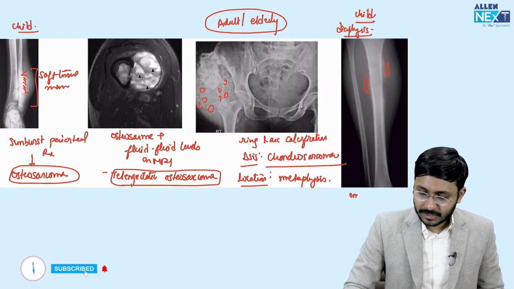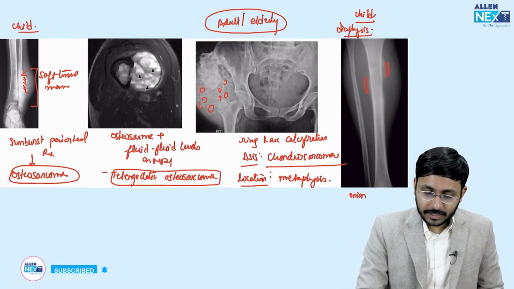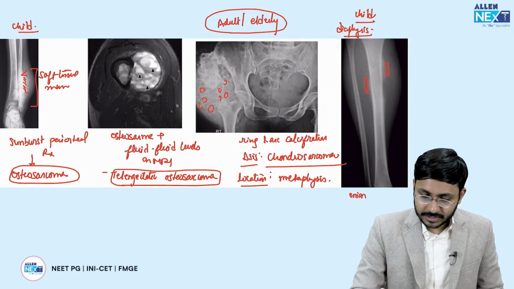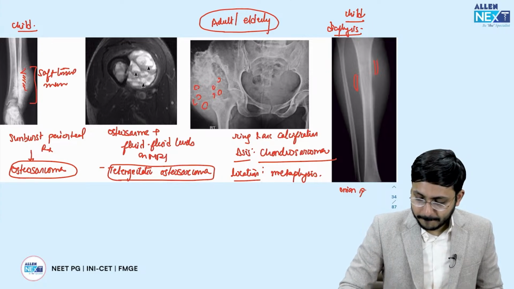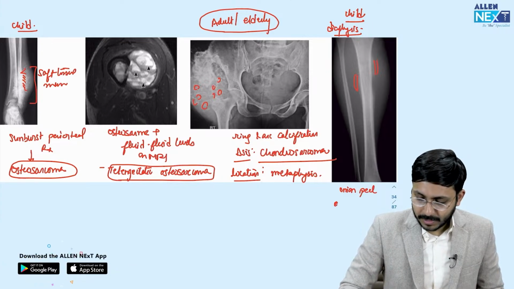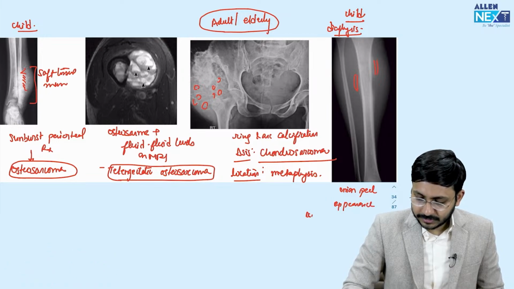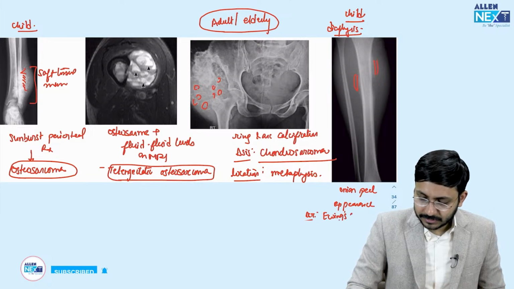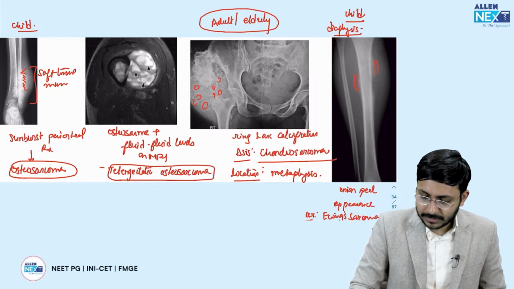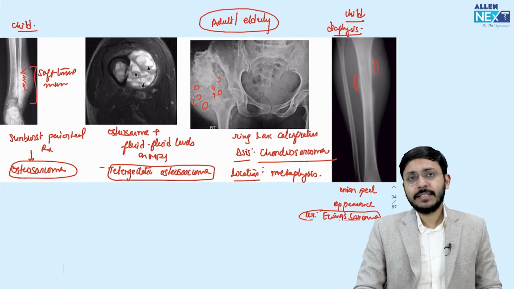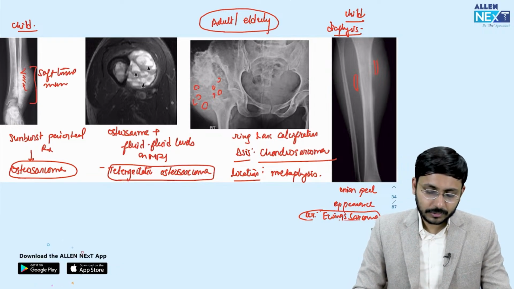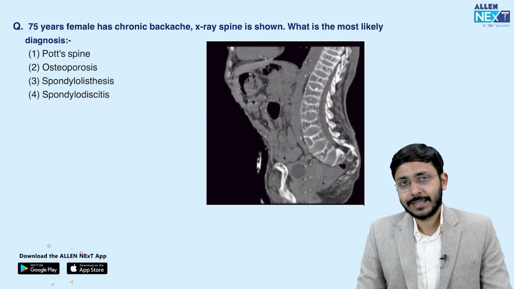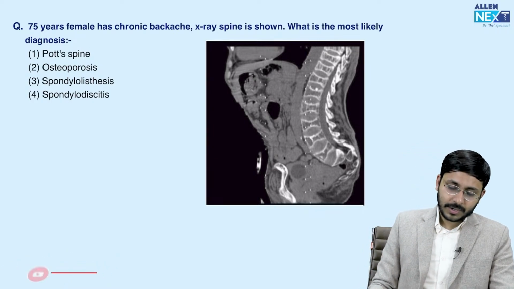This is known as onion skin or onion peel periosteal reaction. Onion peel appearance. The diagnosis is Ewing's sarcoma. So this was about bone tumors, correct? So we move on to the next question.